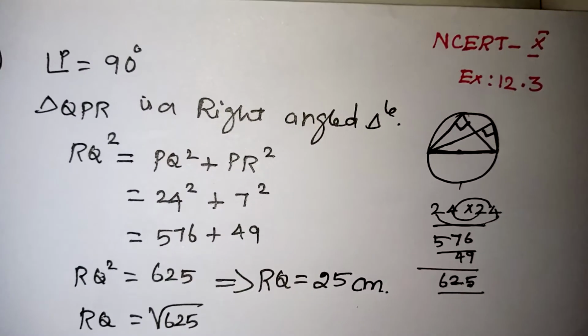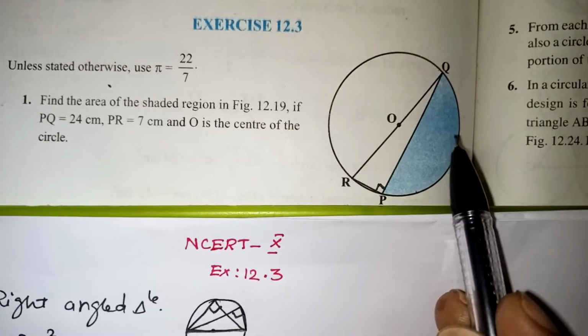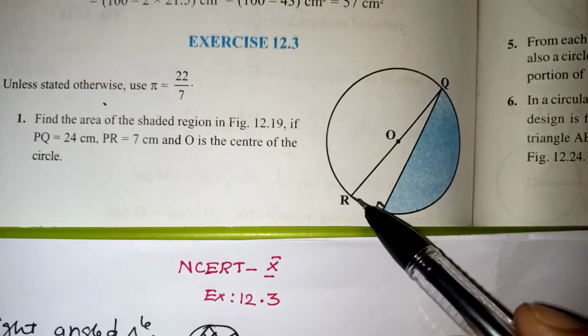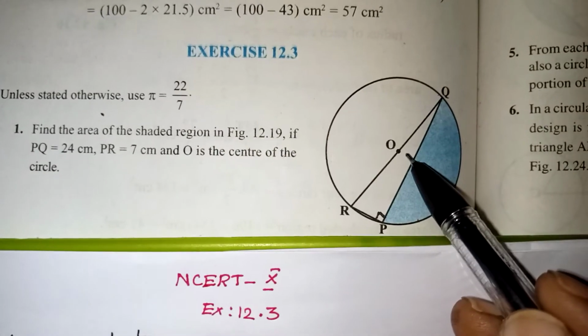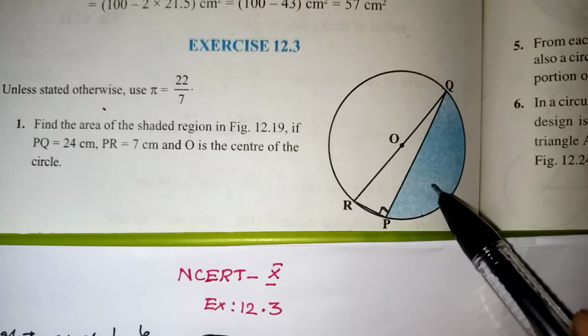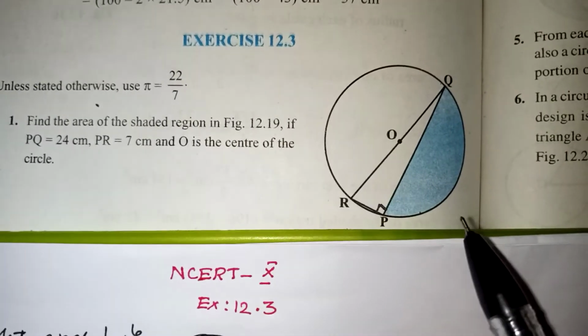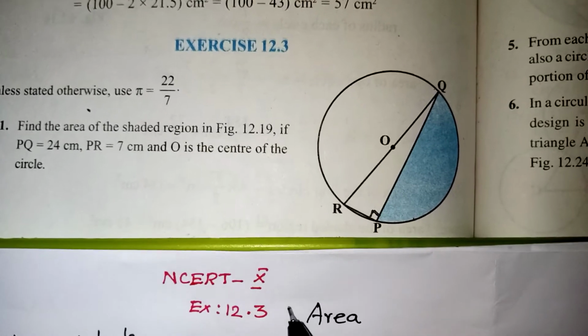Now let's look at the diagram. The actual question is to find the area of the shaded portion. The shaded portion is nothing but, from the area of the semicircle we need to subtract this triangle, and the remaining will be the shaded region. From the semicircle we have to subtract this triangle, that is the shaded portion. So we have to write this for all the problems we are finding.